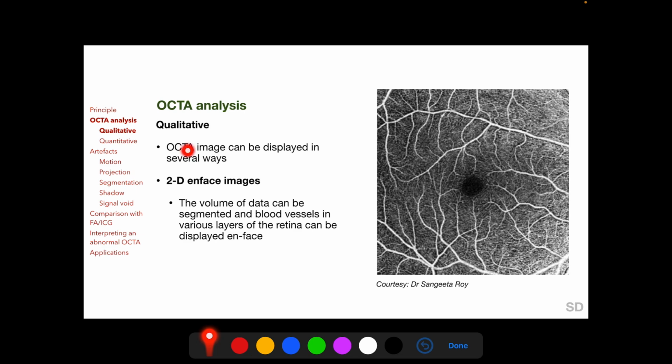Qualitatively, OCTA images can be displayed in several ways: as two-dimensional en-face images, two-dimensional cross-sectional images, and as volume rendered images. As we have mentioned, in two-dimensional en-face images, as shown here in this photograph, the volume of OCTA data can be segmented in layers, and blood vessels in various layers of the retina can be displayed on en-face images of the segmented layers.